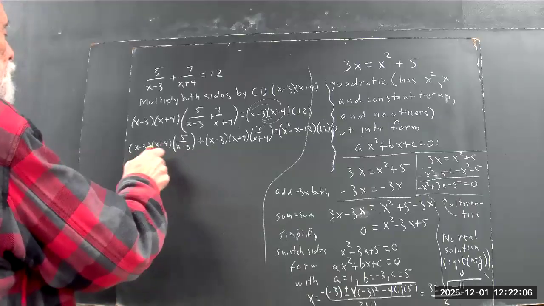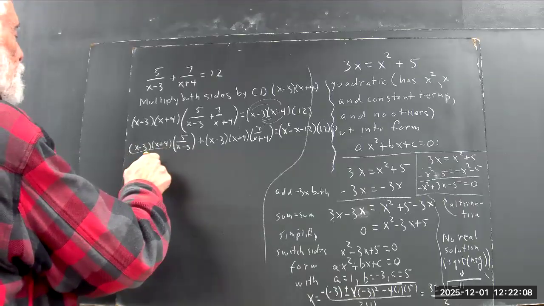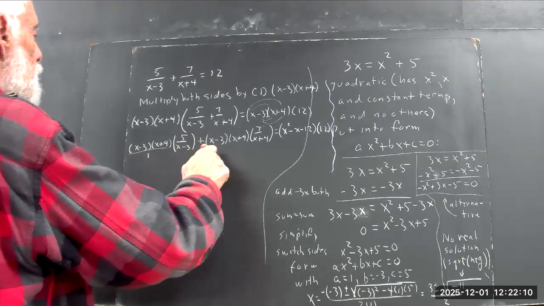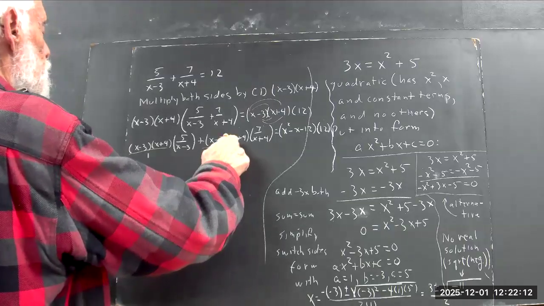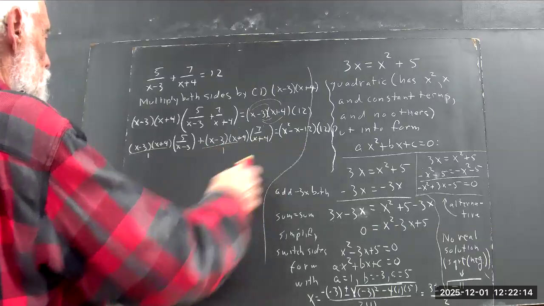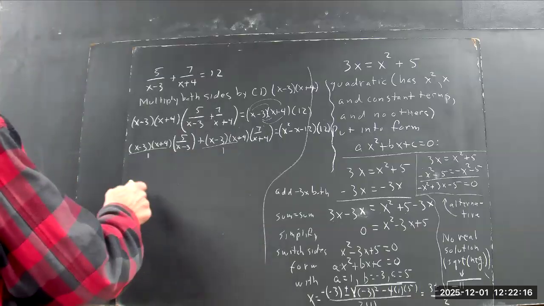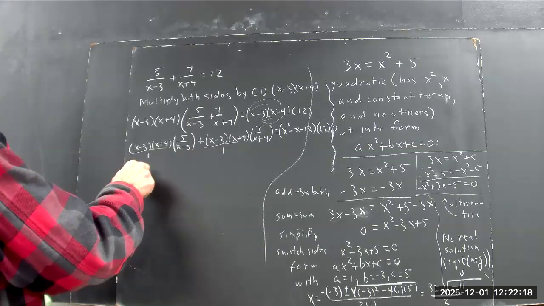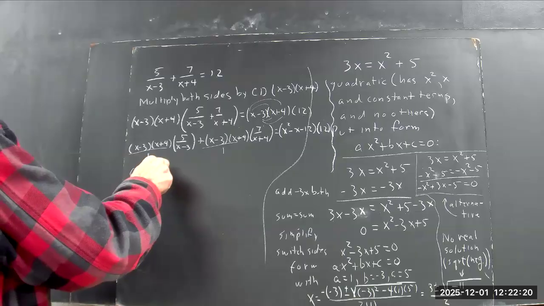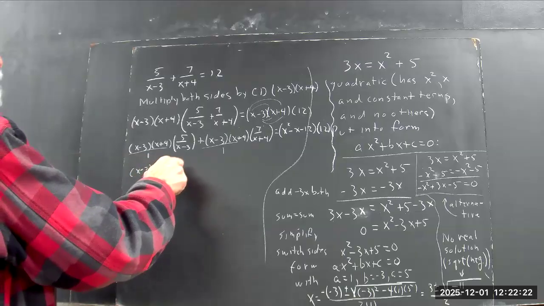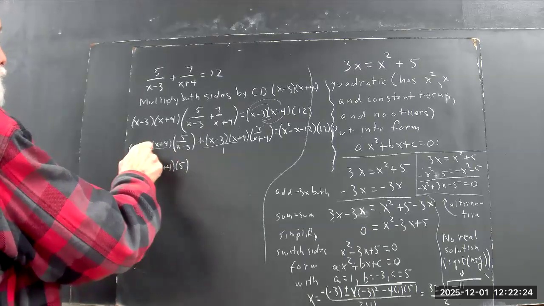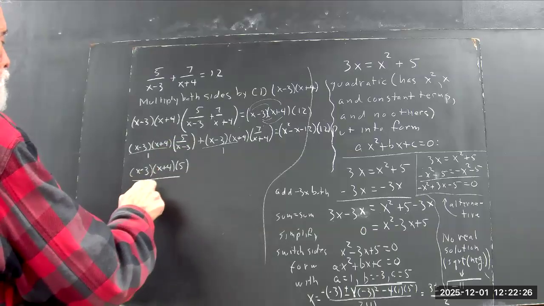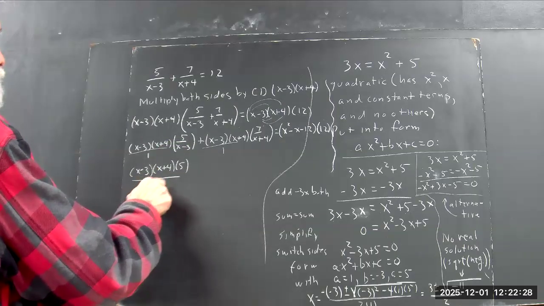All right, in any case, I'm going to put this as a fraction over 1, and it's not lined up very well, but we understand what we're doing, and we get x minus 3 times x plus 4 times 5. That's going to be the numerator, and the denominator is x minus 3.